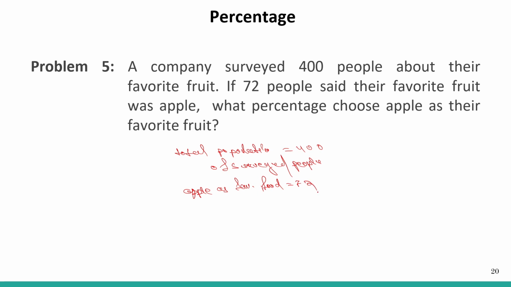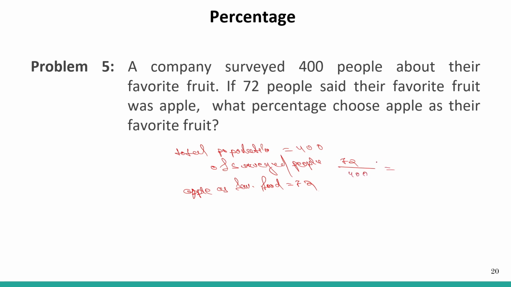Okay, so what percentage choose apple as their favorite food? So if we divide 72, that is the number of people that chose apple as favorite food, by the total population who were surveyed in the company for their favorite food. So that is equal to 400.